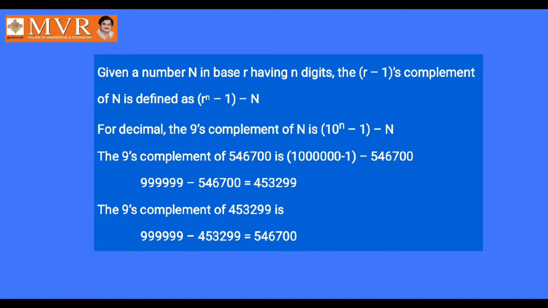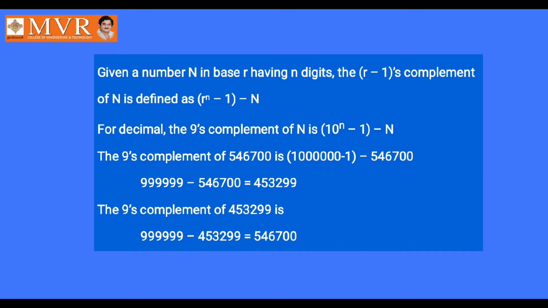But in a scientific way, for calculating the r minus 1's complement of any number N, you use this formula: r to the power small n, minus 1, minus capital N. Here what is r? Base or radix. What is small n? It stands for the number of digits in the given number. In the previous example, 835, there are 3 digits, so small n is equal to 3. And what is capital N? The actual number, 835 or whatever it is.